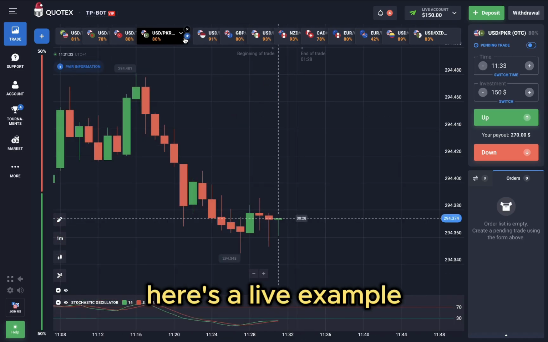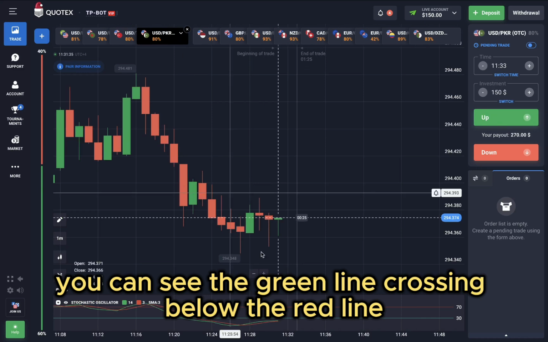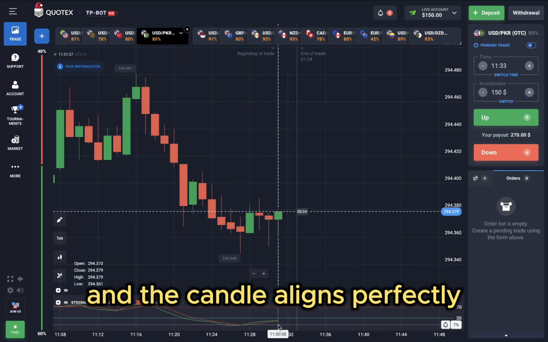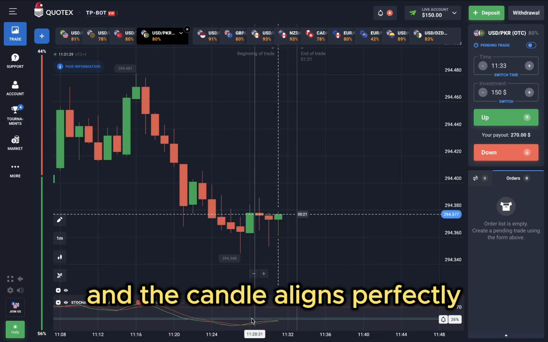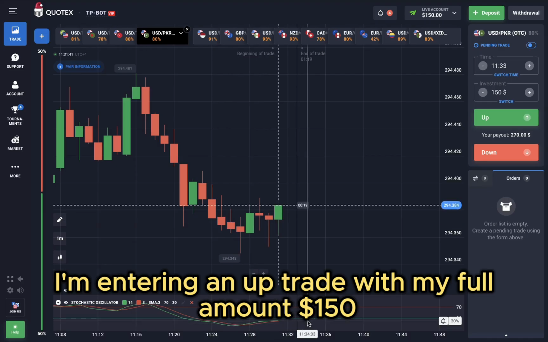Here's a live example. You can see the green line crossing below the red line, and the candle aligns perfectly. I'm entering an up trade with my full amount, $150.